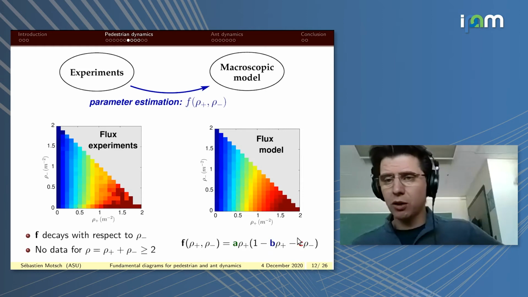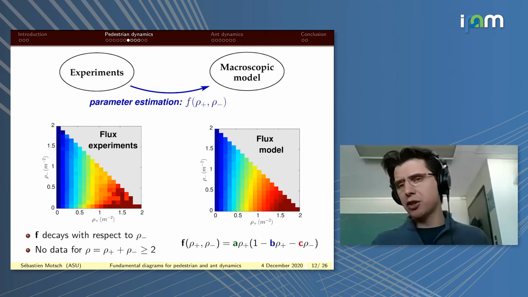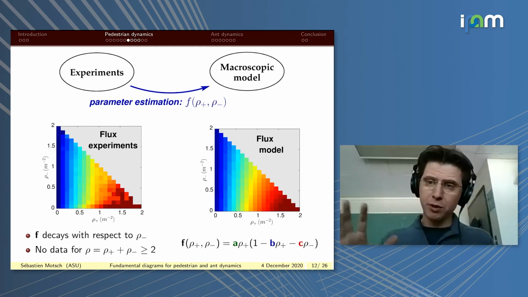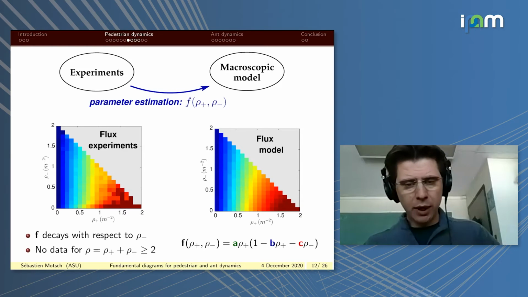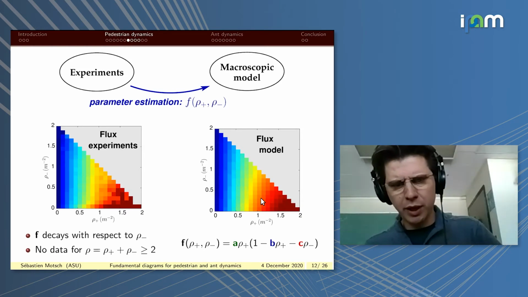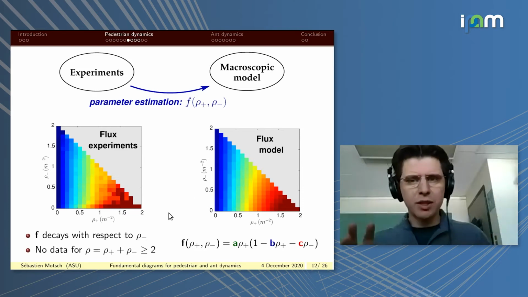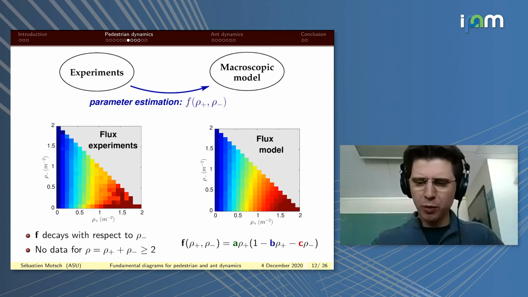B and C are the two coefficients that tell you how much friction you have from pedestrians moving in the same direction as you, or those moving against you. So let's see what you get here from the experiment at 50-15. It looks kind of the same. You can do a bit more than just saying that it looks the same, but let's keep it simple here.